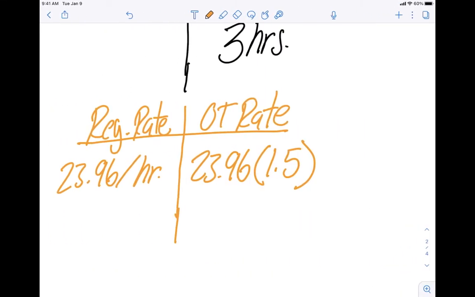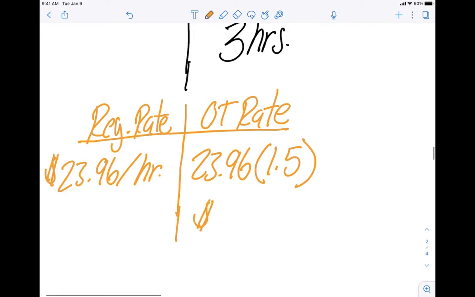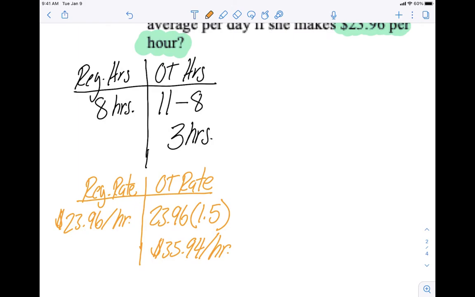There you go. So forget the dollar sign here. So overtime, we make $35.94 per hour. And look at that. We have all 4 pieces of information that we need in order to solve this problem, right?